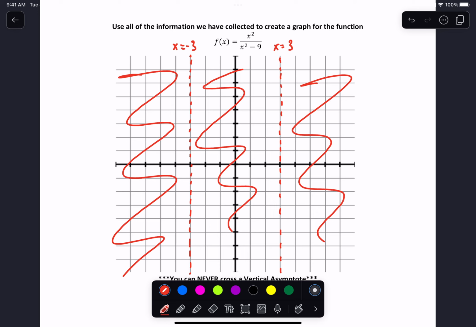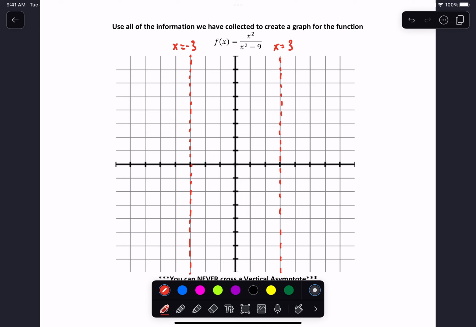So just so everyone's on the same page, I'm going to pick some value of x on the right side of this, and I'm going to pick some value of x on the left side of it. I'm going to input it into the function. It's going to give me a y, a new point. Then I can plot that point, and if I do that a couple times, I'm going to get an idea of where the graph's going on either side of stuff.